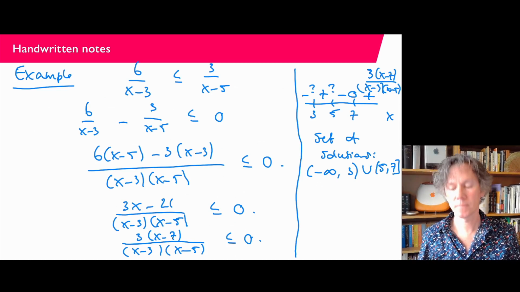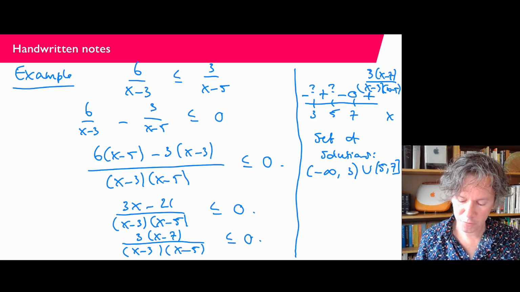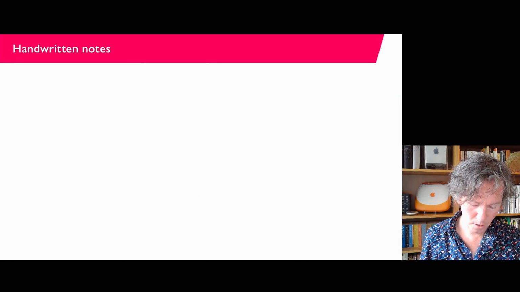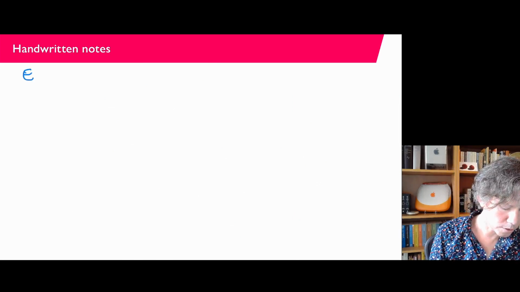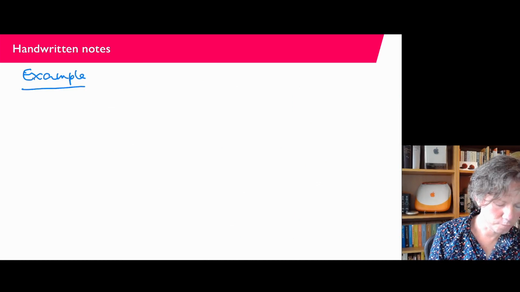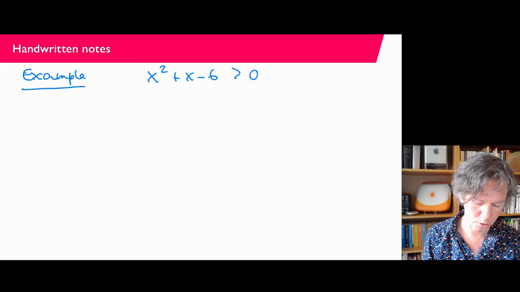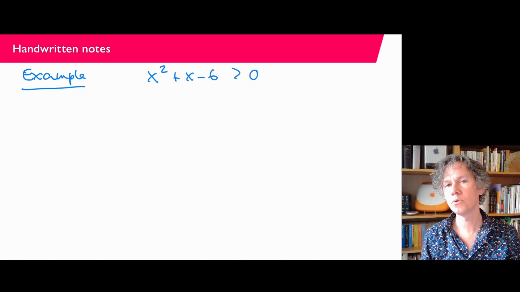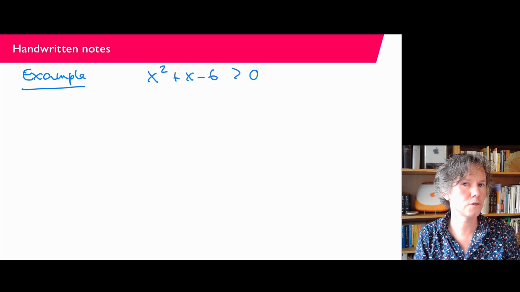Now finally, one more example of an inequality of a bit of a different type, not so difficult. What is called a polynomial inequality, and this term will become clear in a future video why this is called like this. So if you have x squared plus x minus 6 bigger than 0, what you do here is you also will be using a sign chart.